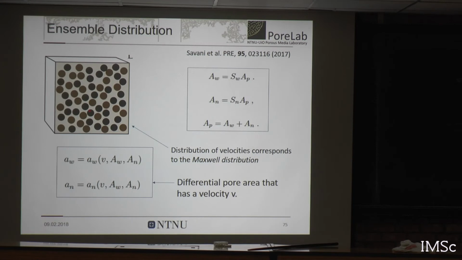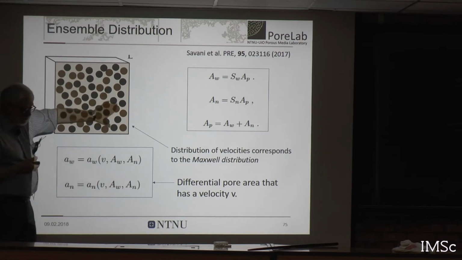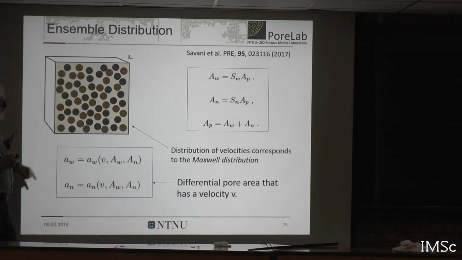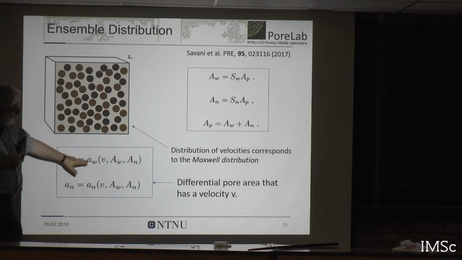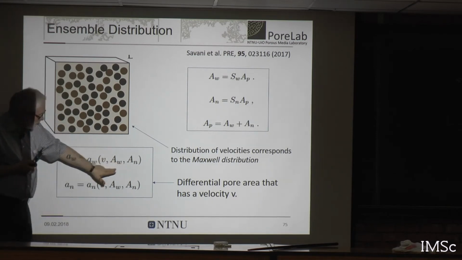But what I can do now is to go a little bit further. So here's my porous medium, and here is the total wetting area. That's all the black ones, and the non-wetting, all the brown ones. But I can now have a differential pore area.